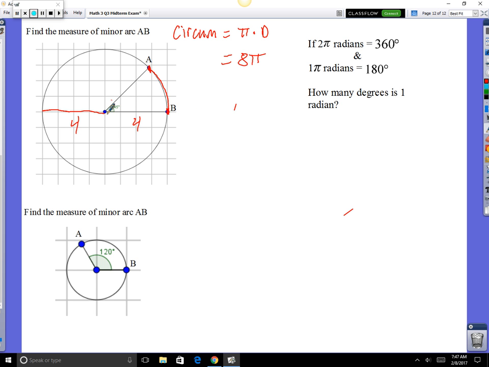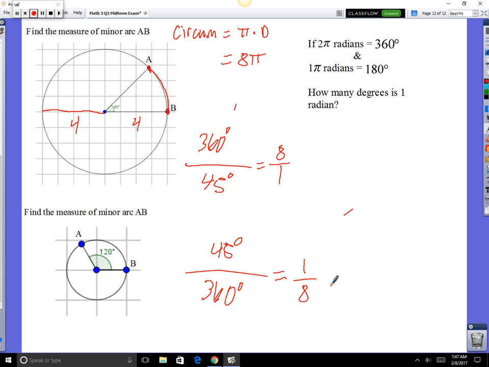So 45, I'd maybe compare this. We do like 360. If I do that whole circle, and if I divide it by 45, you can either do 45 divided by 360, or you can do 360 divided by 45, however you want to compare them. But you will get 8 over 1, or you will get 1 over 8.